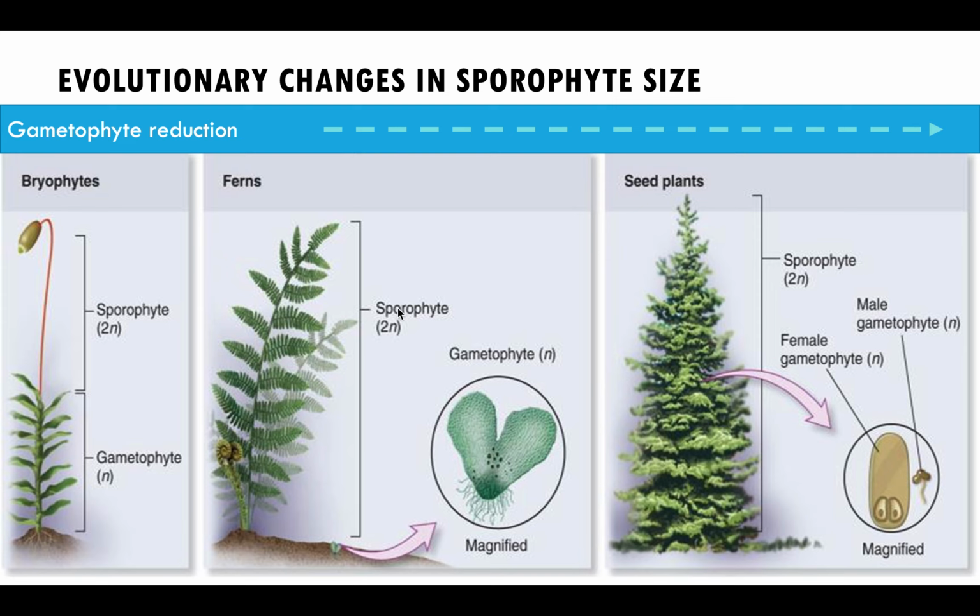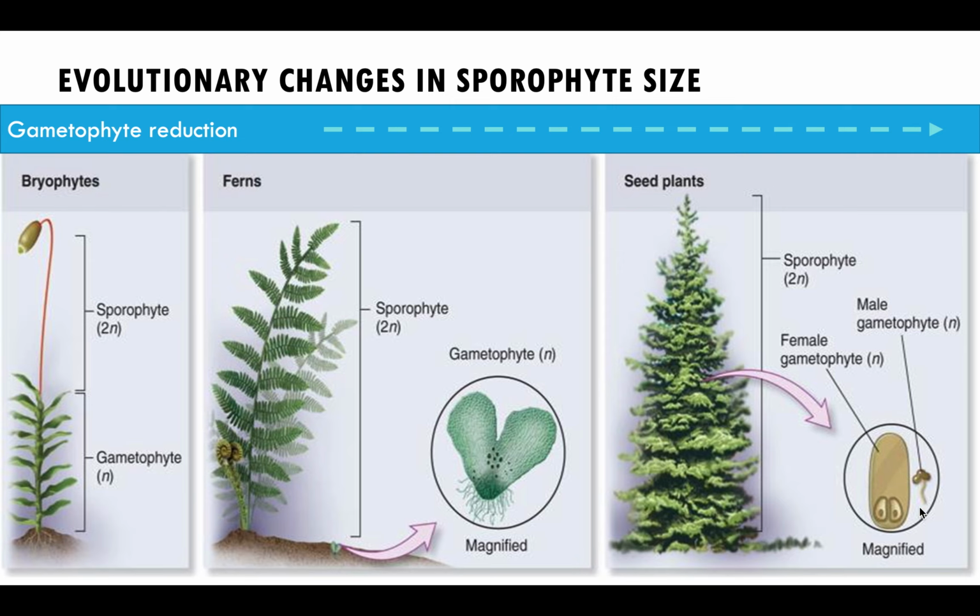So the sporophyte in ferns and in seed plants, trees and things, that's the giant leafy green part that you're going to be holding in your hand or seeing, right? The gametophyte is microscopic. You won't be able to see it as well. In seed plants, the sporophyte would be like a giant tree, and the gametophyte is only a couple of cells large.